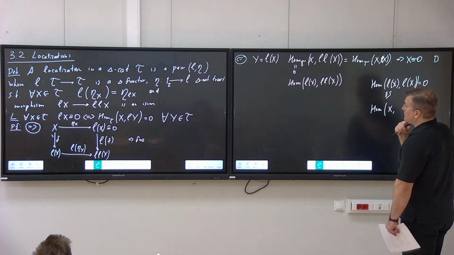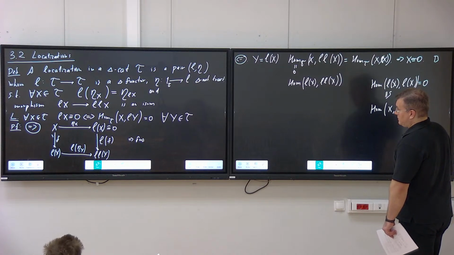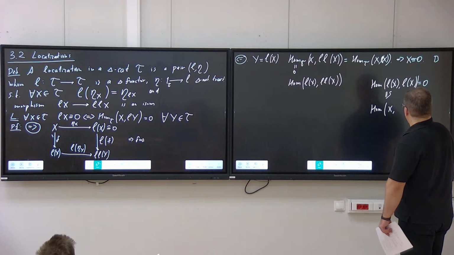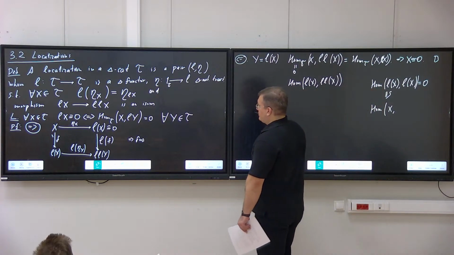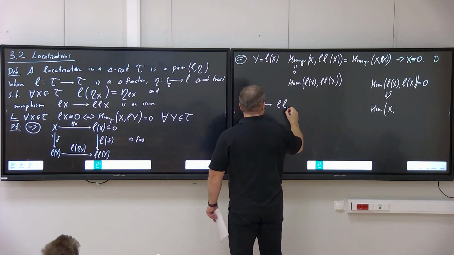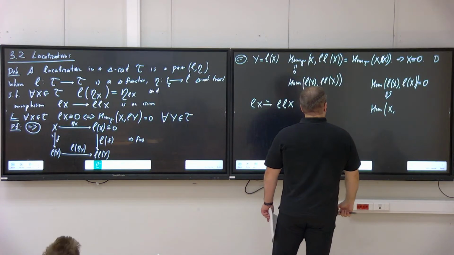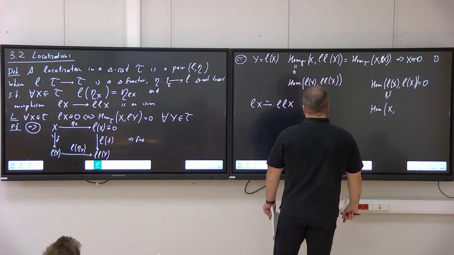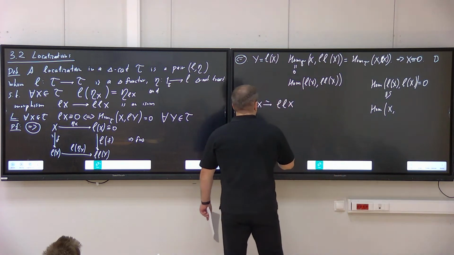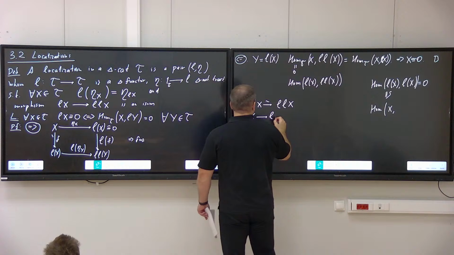I believe it's connected with a natural transformation. Sure, yeah, there is a natural transformation from Lx to LLx, which is an isomorphism. Well, but I think we need something like a distinguished triangle. So, for example, let's take x, which is mapped to Lx, right?